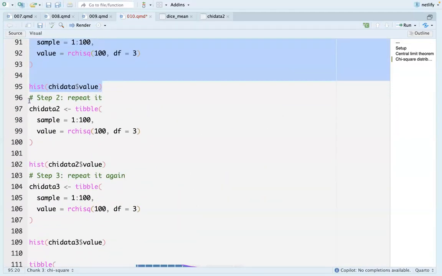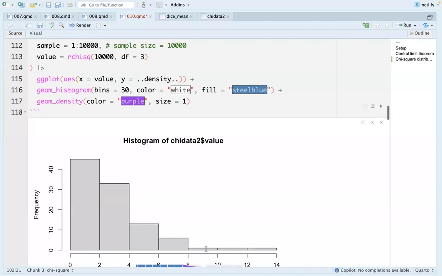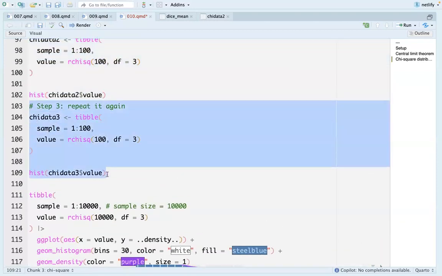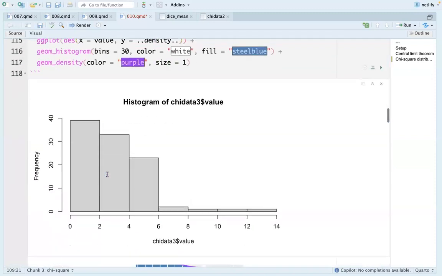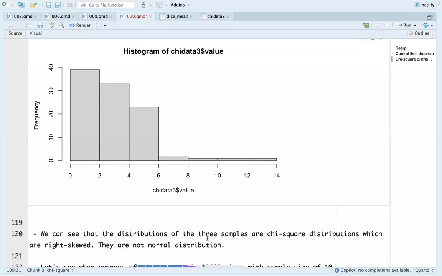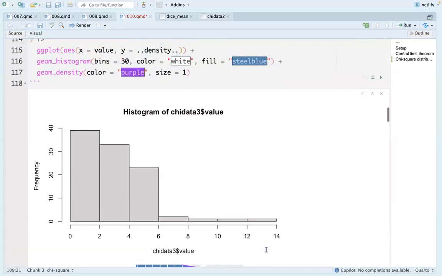We can repeat it again with the same sample size and the same degrees of freedom. It's almost the same. And again, we can see that the distribution of the three samples are chi-square distributions, which are right skewed, but absolutely not normal distributions.